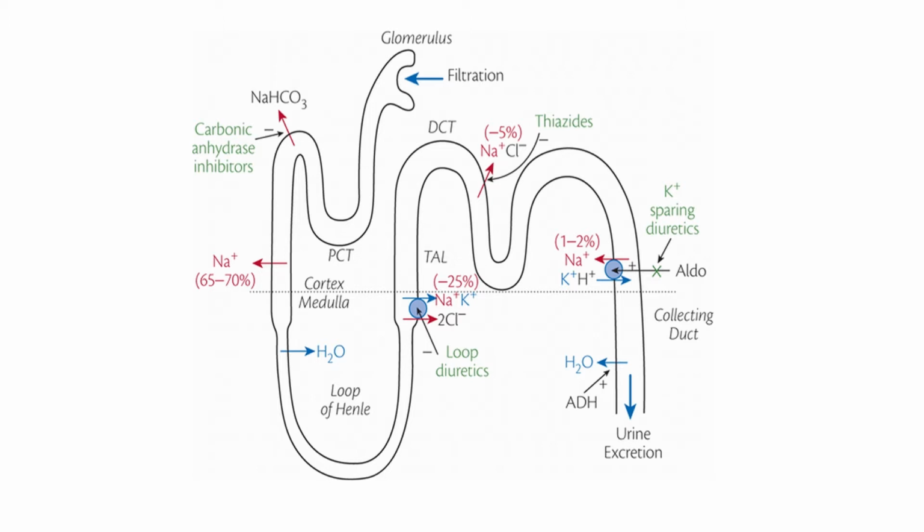And that's going to include things like our acids, our bases, our electrolytes, water, things that we probably want to keep in the body and not just excrete through the urine. So as this filtrate moves throughout the renal tubule, we take back through different processes that we collectively call reabsorptive processes, things that we want to retain in the body.